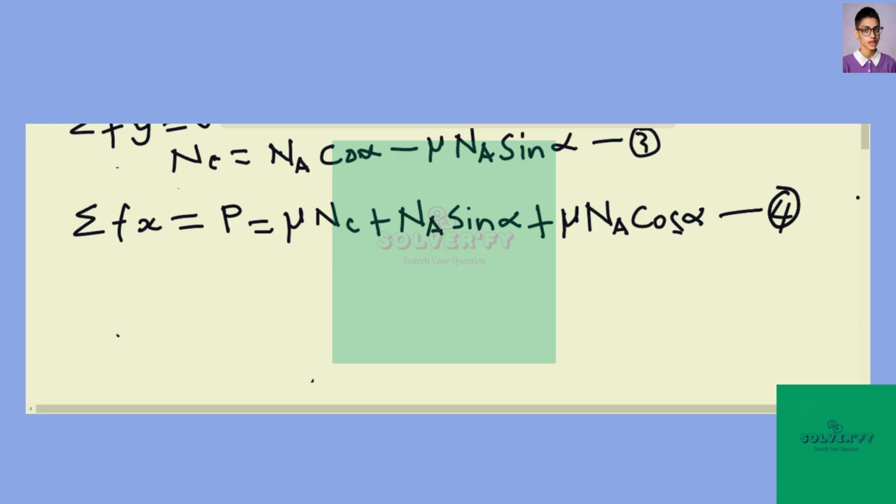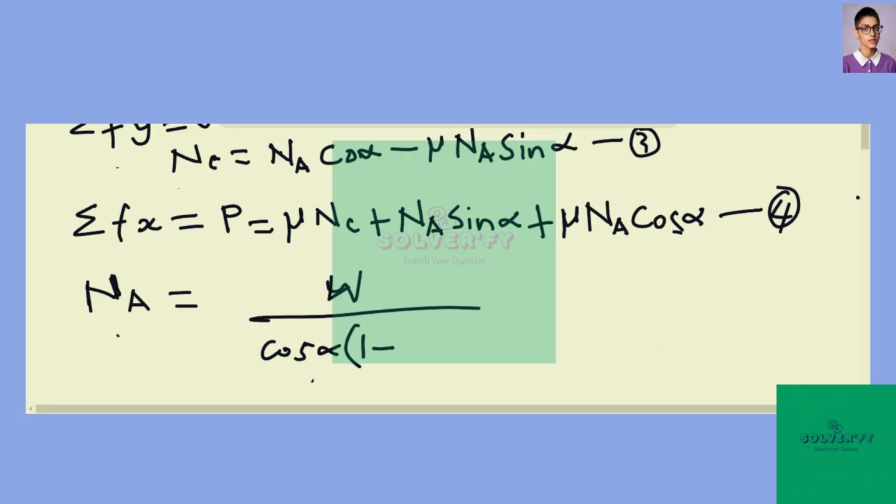If we do that, we are going to arrive at NA, the normal reaction at A, to be equal to W, as the weight there, over cos alpha into 1 minus mu squared minus 2 mu sine alpha. So we'll get that one.